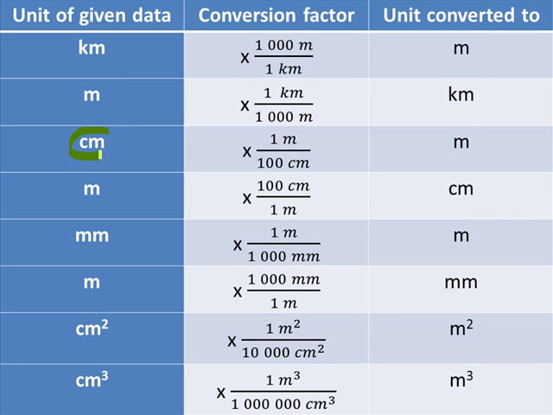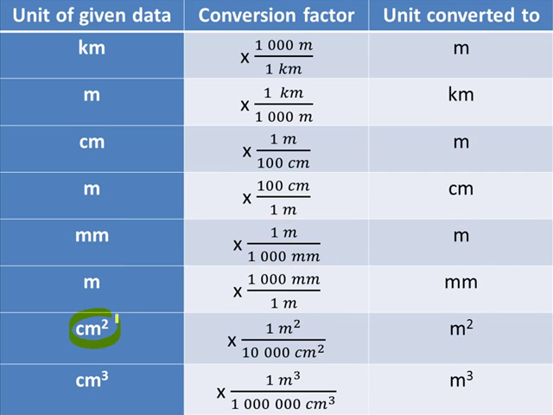To convert from centimeters to meters, multiply by 1 meter divided by 100 centimeters. Flip that round if you're rather converting from meters to centimeters. To convert from millimeters to meters, multiply the number of millimeters by 1 meter over 1,000 millimeters. Flip that round if you're doing the reverse conversion.